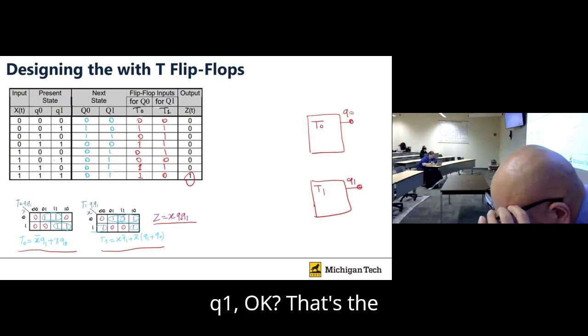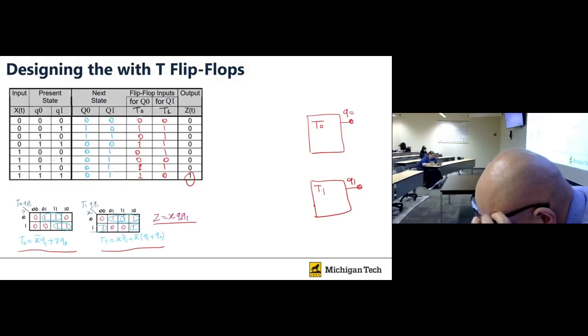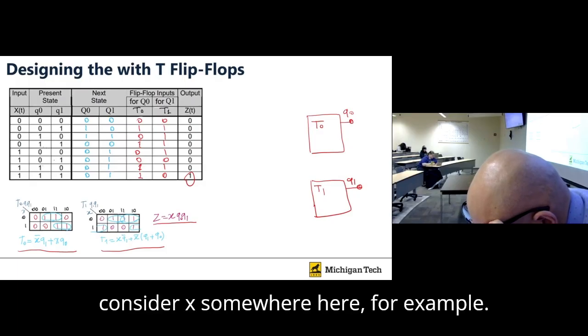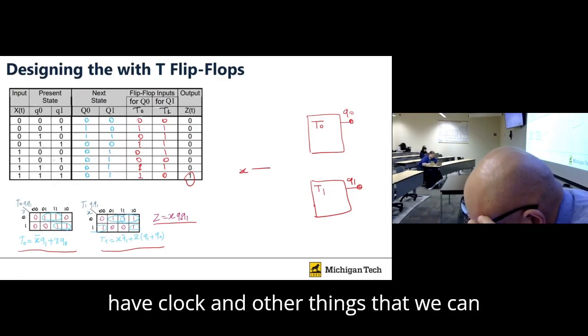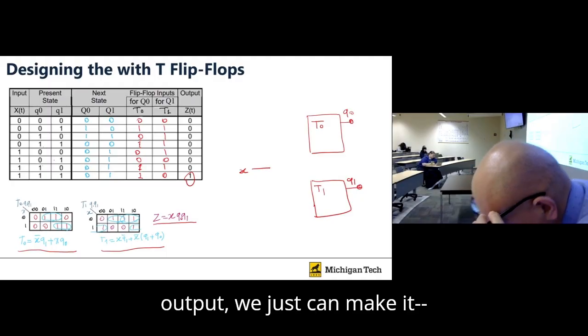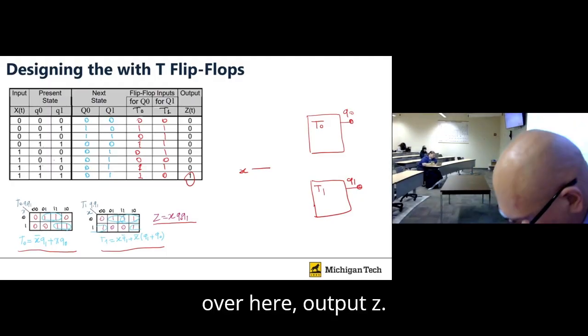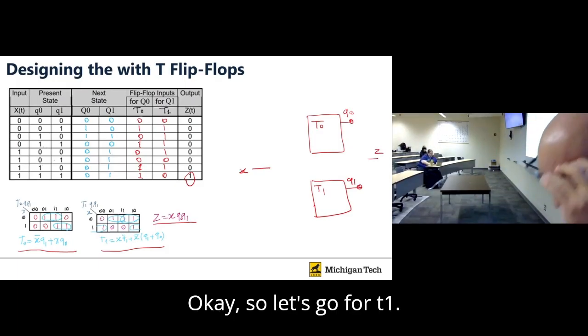Okay, that's the output. We have one input X. Let's consider X somewhere here, for example. We also have clock and other things that we can draw later. And the output, we can make it somewhere here. Output Z.